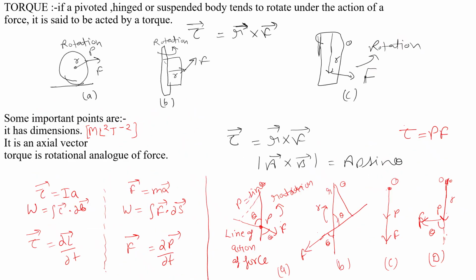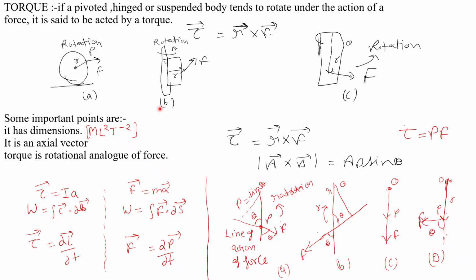What is torque? If a pivoted, hinged, or suspended body tends to rotate under the action of a force, it is said to be acted on by torque. This is shown in this figure. Some important points: it has dimensions ML^2T^-2 and unit newton meter, same as that of work or energy.